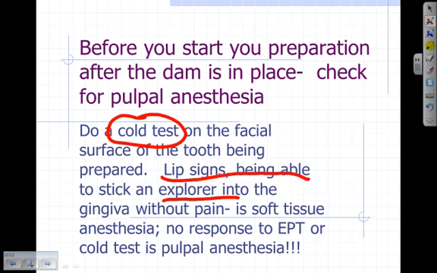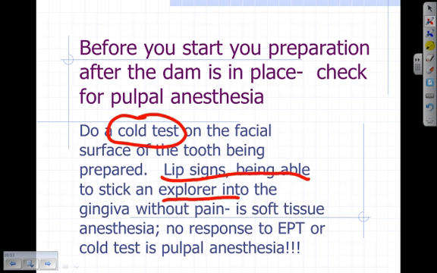Which patients do I do this for? Do I do it every time I administer local anesthesia? No, I do it for those patients who have given me a history that they were hard to get numb, that when the dentist did fillings for them, it always hurt. For patients who are very anxious, I want to demonstrate to them that the tooth is numb. Because once you pass the enamel, get into the dentin, if there is no profound pulpal anesthesia, the patient's going to feel it.